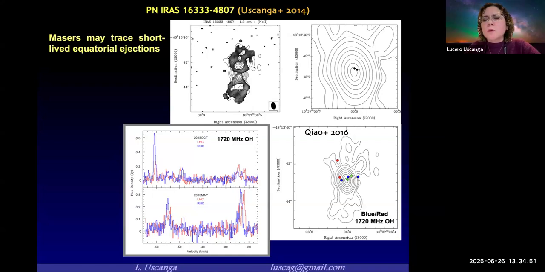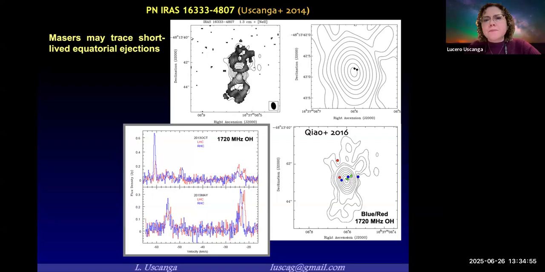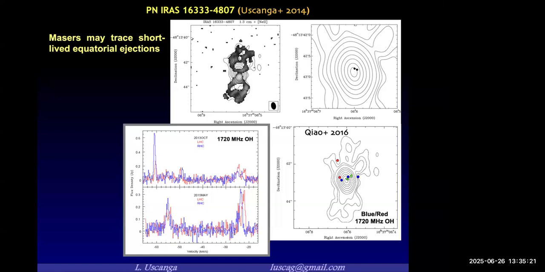I guess SiO is probable. Well, regarding SiO, I know a colleague who is looking for this emission towards planetary nebulae, but it hasn't been detected yet. They haven't found this emission. So it seems that it appears during the evolution from the AGB towards the planetary nebula, and it doesn't appear later. Cool. Super interesting.